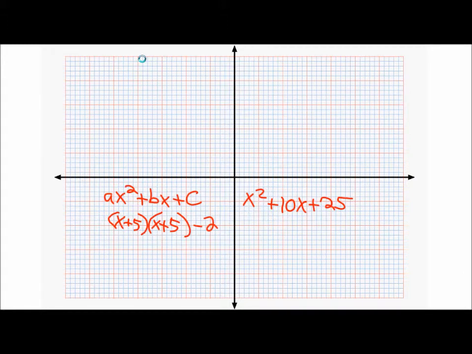So when you factored it, you end up with this little constant over here. So our equation became this, minus 2. So instead of being this, it was this, x squared plus 10x plus 23. Now, both of these are trinomials. Both of them will result, if you plot them, in a parabola.